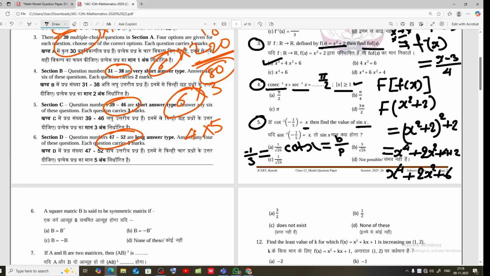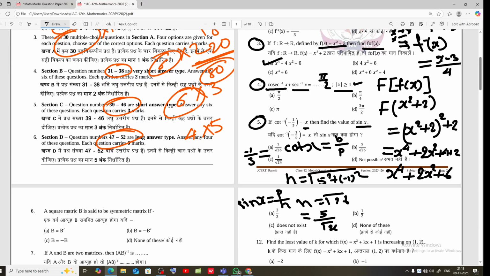We have to find the hypotenuse: under root of 5 square plus minus 1 square, that equals root 26. Sin x equals perpendicular by hypotenuse. The perpendicular value is 5, so 5 by under root 26 is the correct answer. Option B.